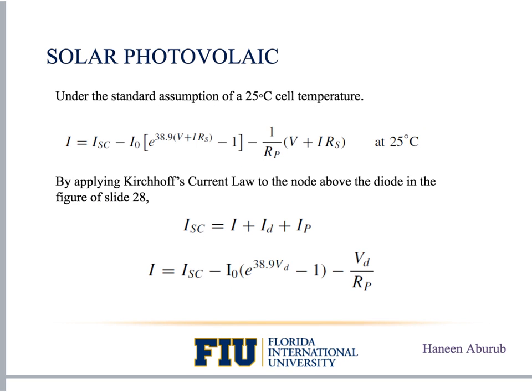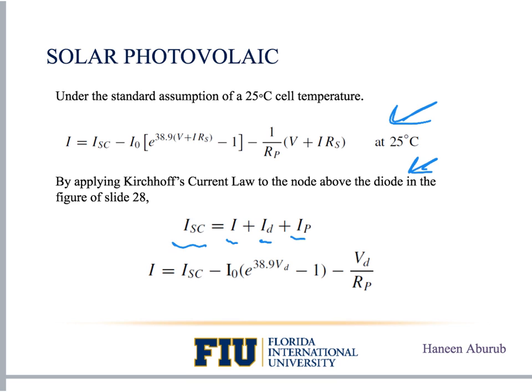Now, under the standard assumption of a 25 degrees Celsius temperature for the cell, we can get this equation for the current passing through the series resistor. By applying Kirchhoff's current law to the node above the diode in the equivalent circuit figure of the cell, we get the relation that the I short circuit is I, the current passing through the series resistor, plus I diode plus I parallel, or the current passing through the parallel resistor.